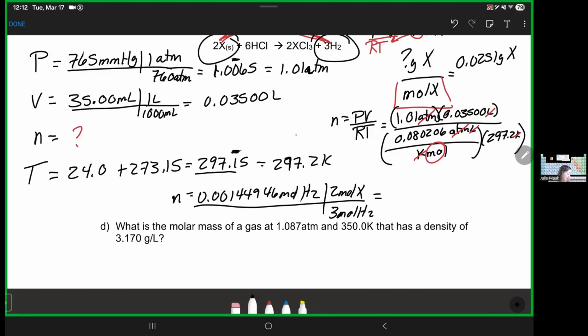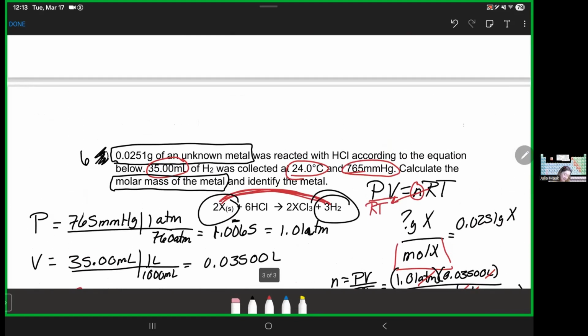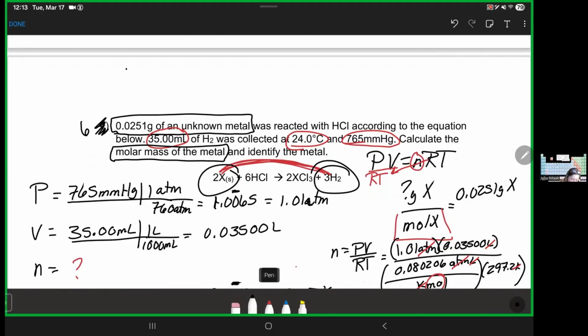And if I do that math, I get 9.66 times 10 to the negative 4 moles of X. Okay, so now for our final problem, how many grams of X to how many moles of X. My grams of X they gave us was the 0.0251 grams right here.